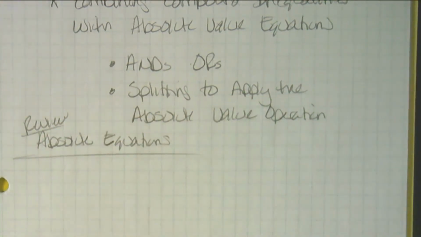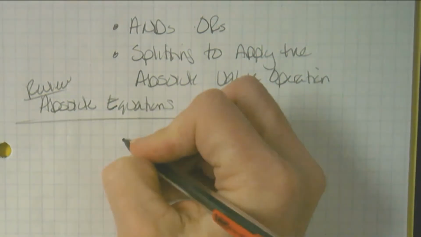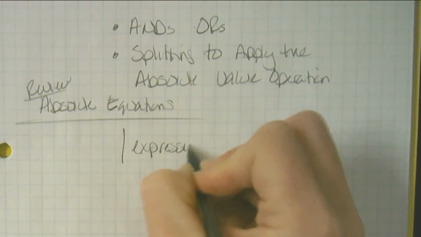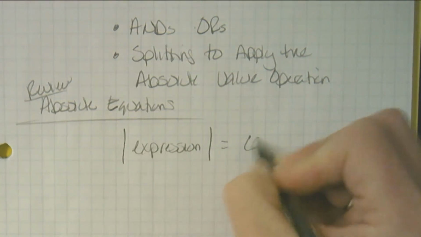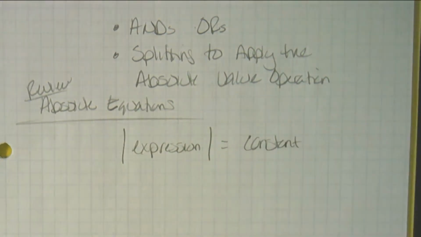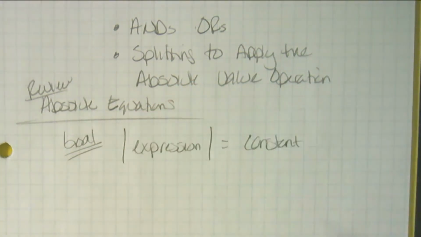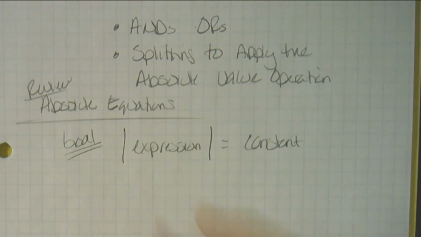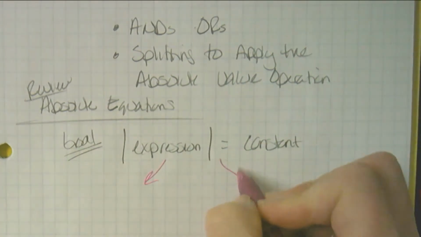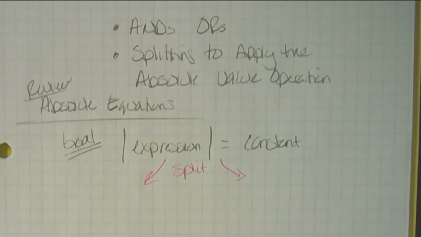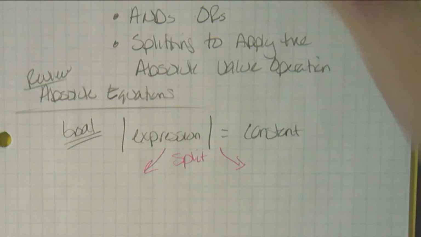When we talk about absolute value equations, we have to have our absolute value expression equal to a constant. This is our goal, because here, we split. It's when we have the absolute value term completely alone equal to our constant, that's when we split it.